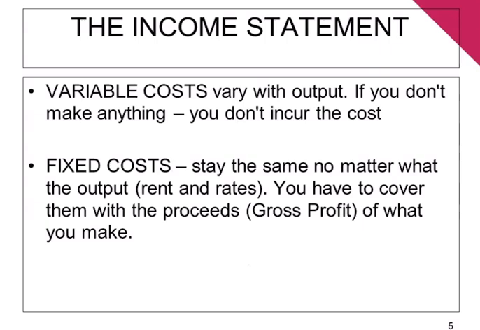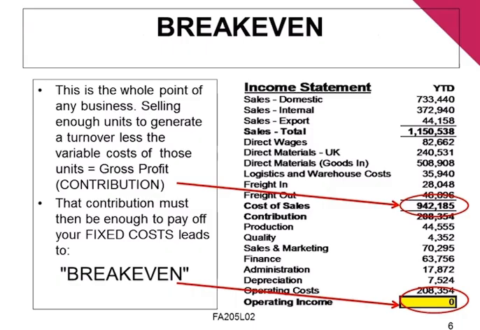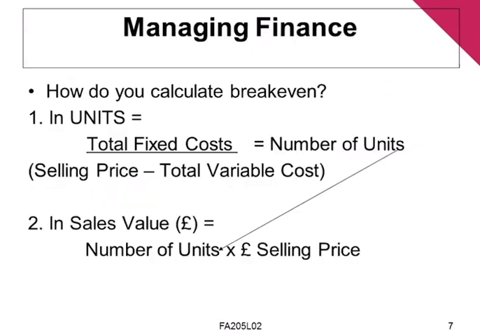Okay, again, we've done this. Variable costs vary with output, and fixed costs don't change. So they're your overheads. And again, like I said, we generate enough contribution to cover our fixed costs, and there's that idea of break even.